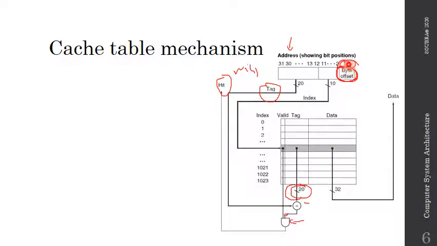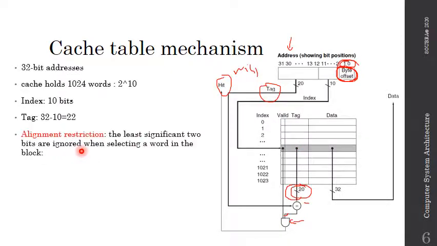So I need to take out the 2 bits from the whole address, so instead of 32, I'm left with 30 bits, out of which I'm taking 10 for the index, and then I'm left with 20 bits for the tag. Fair enough? You can read that, and of course the byte offset here is because of the memory alignment restriction that I talked to you about earlier in the previous slide.